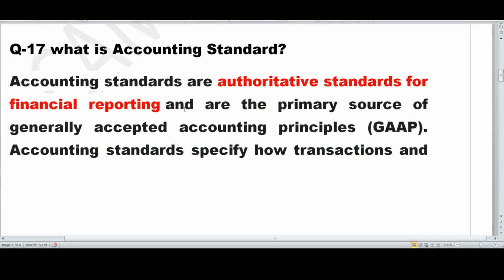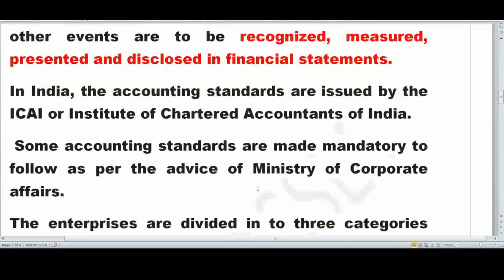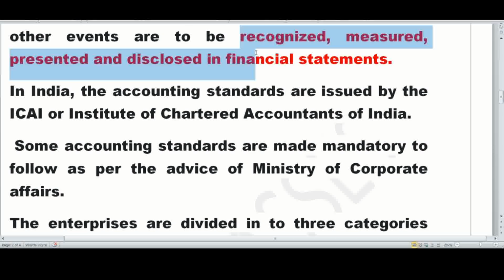Accounting standards specify how transactions and other events are to be recognized, measured, presented, and disclosed in the financial statement. When a transaction is to be recognized, how the transaction must be expressed in monetary terms, how the transaction has to be presented, that is, presentation by financial statement.